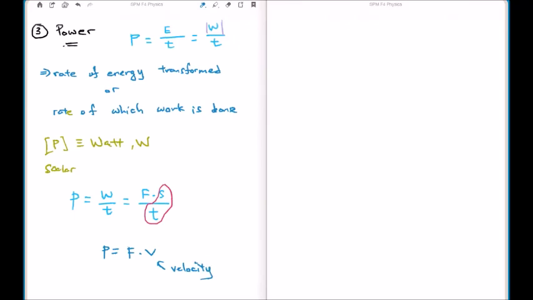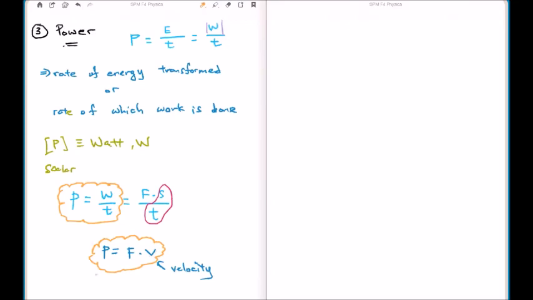So you may say there are two equations for power, the first one and the second one. But I would say there's only one, because this is a derived equation. The rate at which work is done, W over T, also equals force times velocity, because it's derived from here.